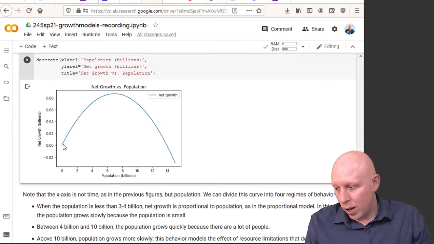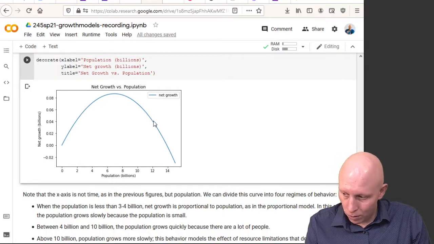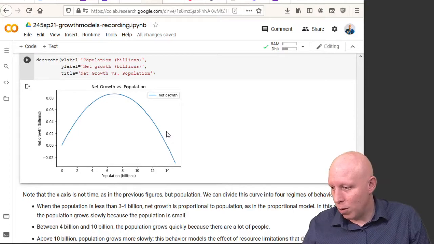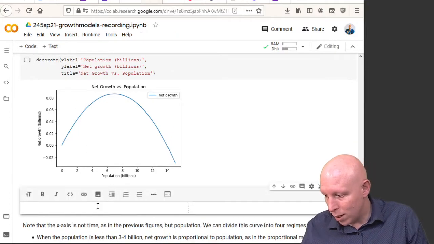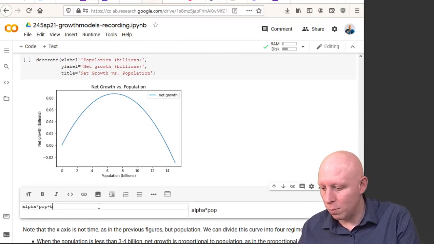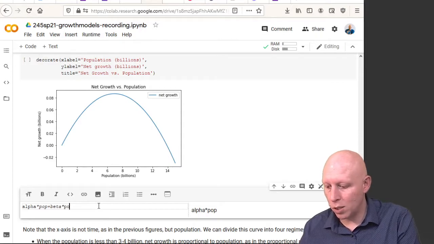All right, and so when you graph this, we have a parabola. And what was the function of the parabola? The function of the parabola was alpha times the population plus beta times the population squared.